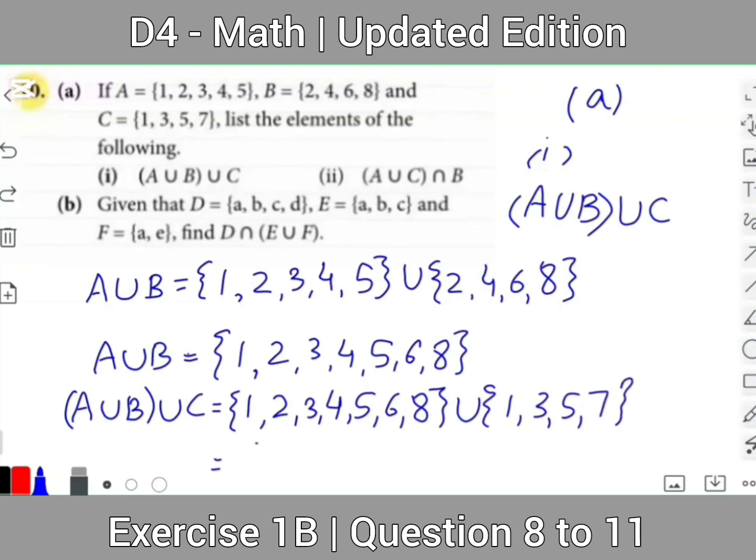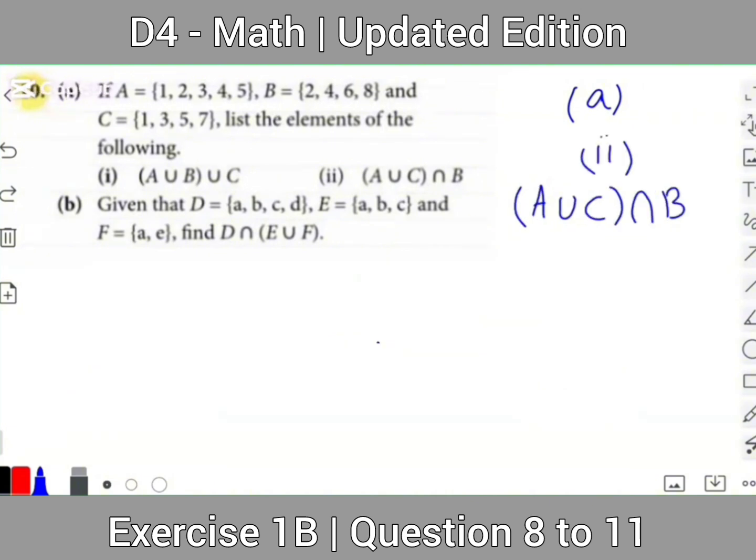Now we have to put together the elements of both the sets in one set. So here we have 1, 2, 3, 4, 5, 6, 7, and 8. So A union B union C is equals to 1, 2, 3, 4, 5, 6, 7, and 8.